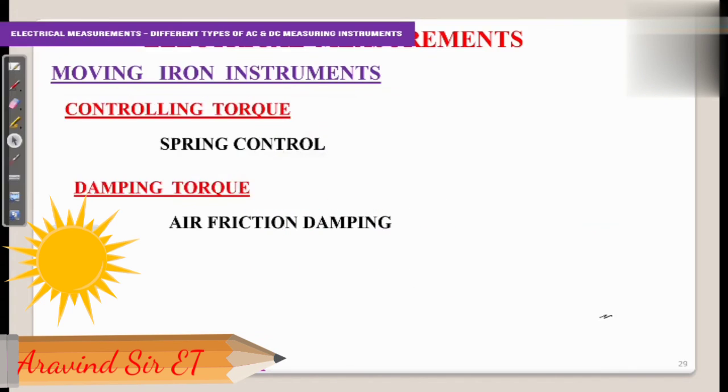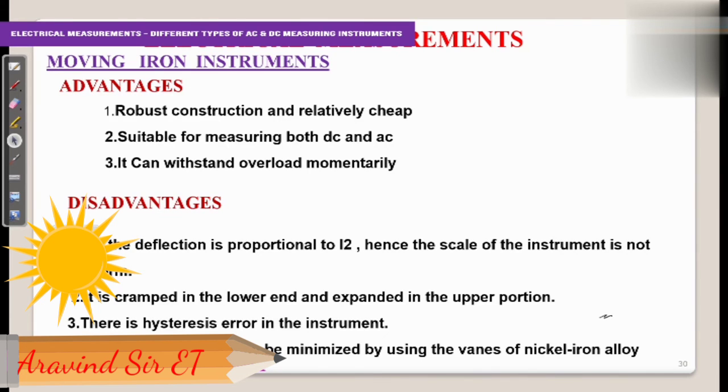That is about the deflecting torque produced in the MI instrument. The controlling torque is provided by spring control, and the damping method in the MI instrument is air friction damping.